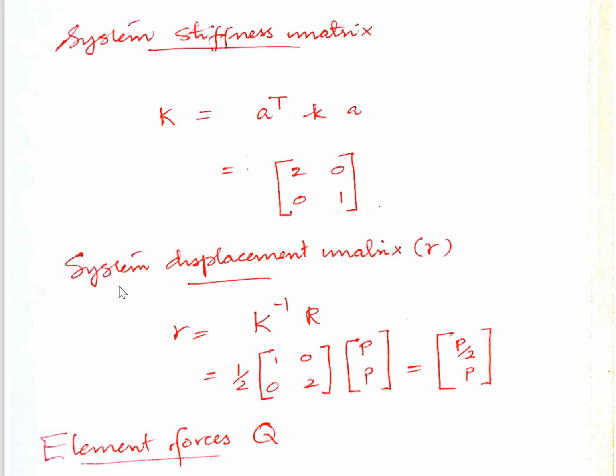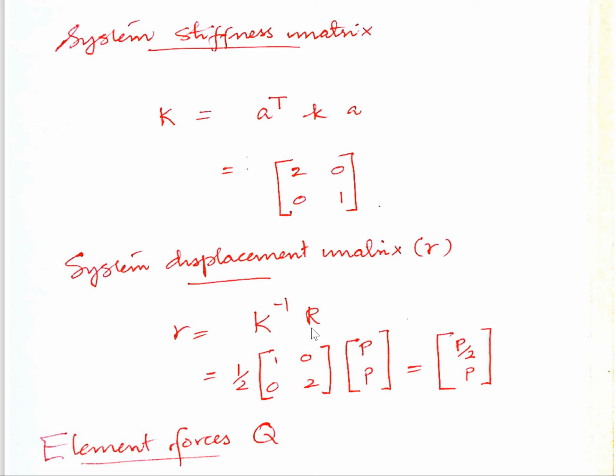Then in the next step, system displacement matrix, small r is equal to capital K inverse into capital R. So this is capital K inverse. Then capital R is nothing but capital R1, capital R2. Both are actually P. ഈ ക്വസ്റ്റ്യനിൽ നമുക്ക് capital R1 ഉം capital R2 ഉം P തന്നെയാണ്. So P, that is our capital R matrix.